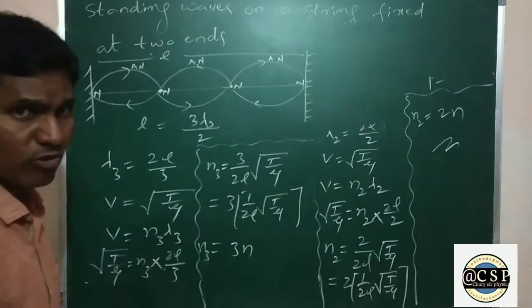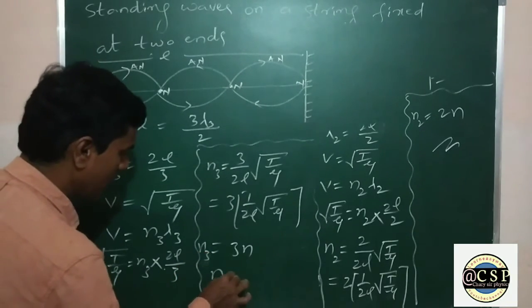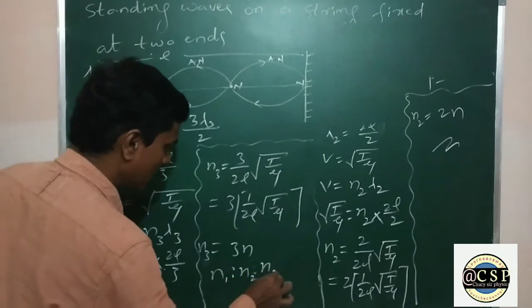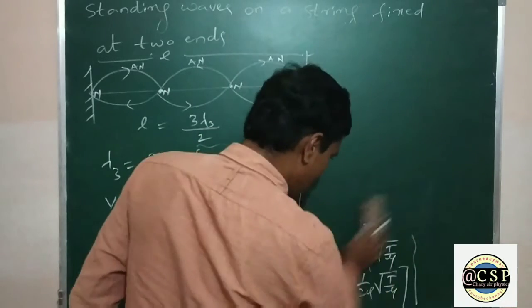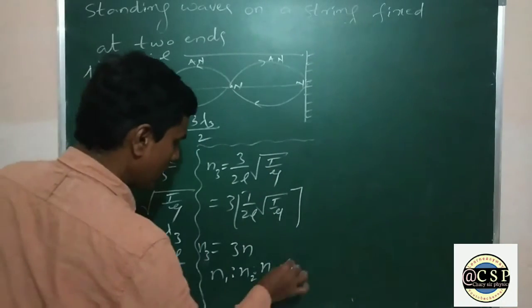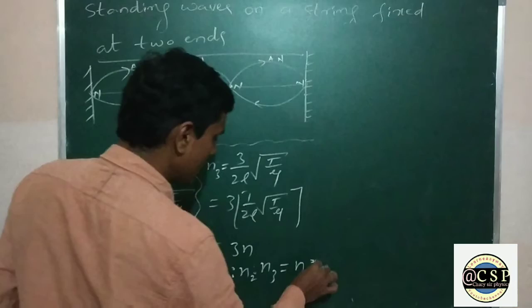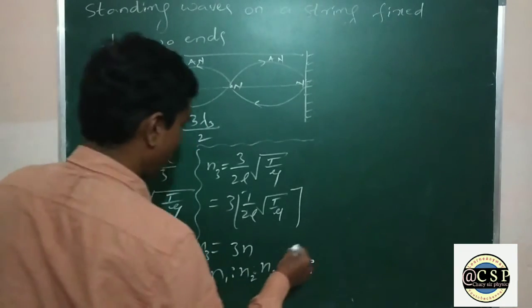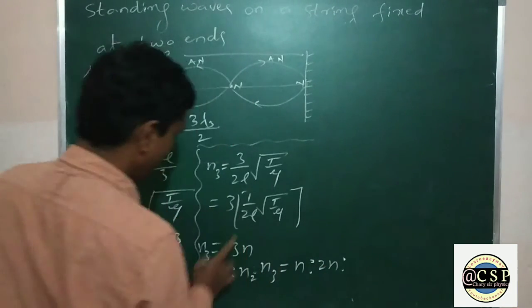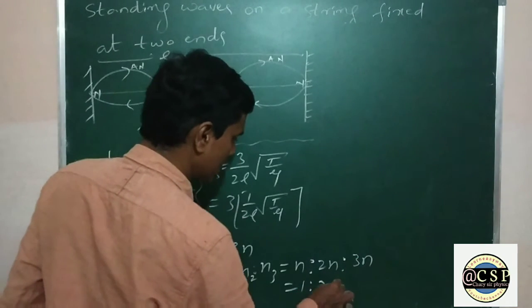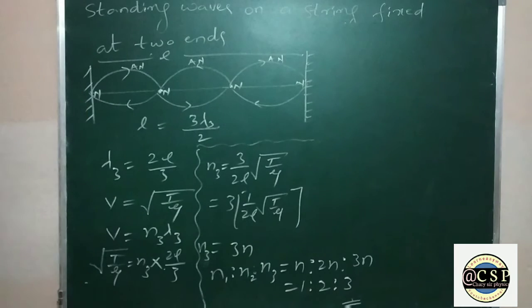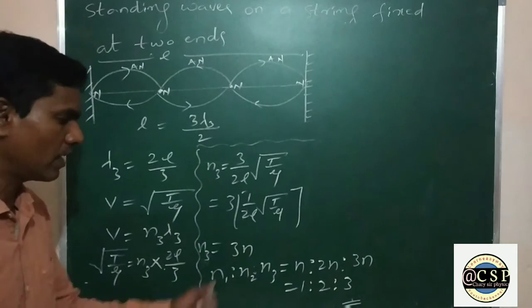So we can write the ratio of frequencies N1, N2, N3 as N, 2N, 3N. So finally the ratio is 1 is to 2 is to 3. This is standing waves on a string fixed at two ends. The ratio of frequencies is 1 is to 2 is to 3.